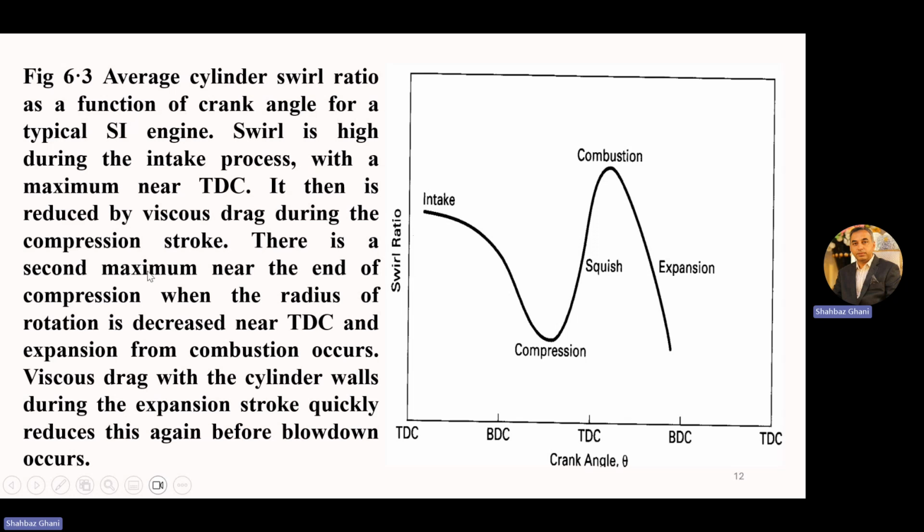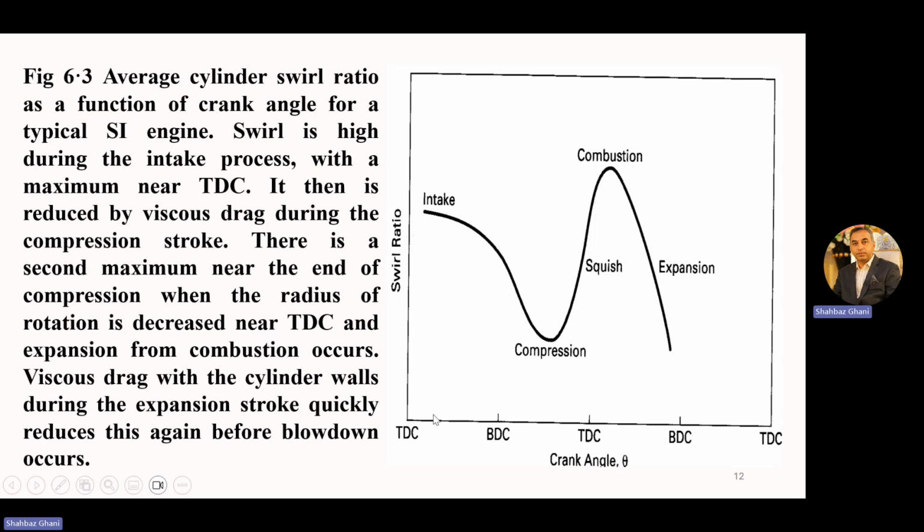There is a second maximum near the end of compression, as the radius of rotation is decreased near TDC. Viscous drag with the cylinder walls during the expansion stroke quickly reduces this again before blowdown occurs. So now your piston is at TDC, and we have a high amount of swirl motion here.